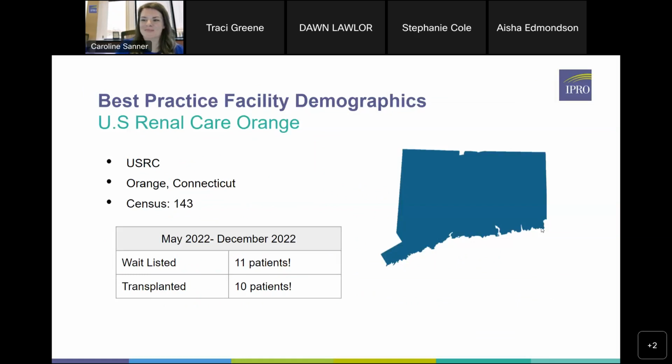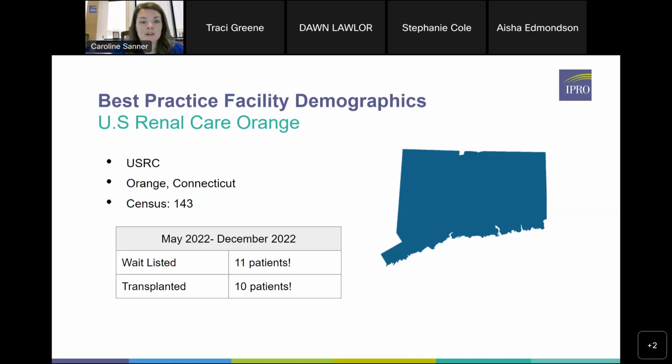All right, so my section is done. I do have a slide up here to kind of give a little teaser for the next portion of the transplant project. We do have a best practice facility joining us today, US Renal Care Orange. This is the facility that we're going to highlight this round for best practice. They're located in Orange, Connecticut.